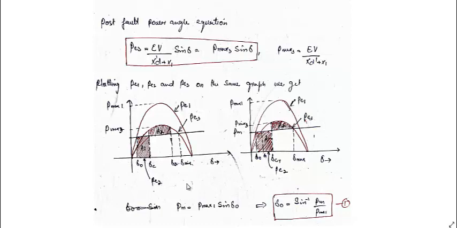Pe2 will be equal to 0. And let us assume we are clearing the fault at delta C. In the earlier case we sometimes saw it at delta 2 and Pm had increased to some Pm1 or Pm2, but here we are naming this delta C as the clearing angle.